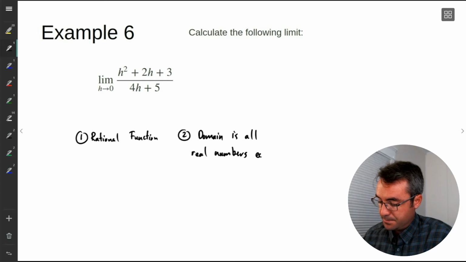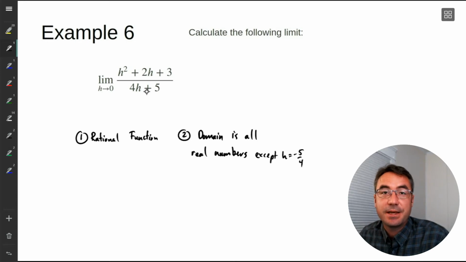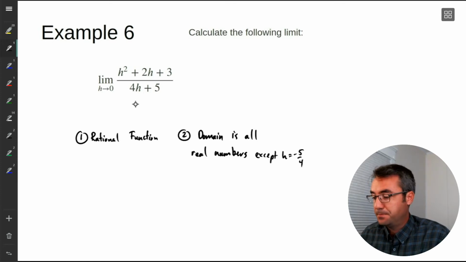except h equal to -5/4. And you could figure that out because at h equals -5/4, our denominator is 0.